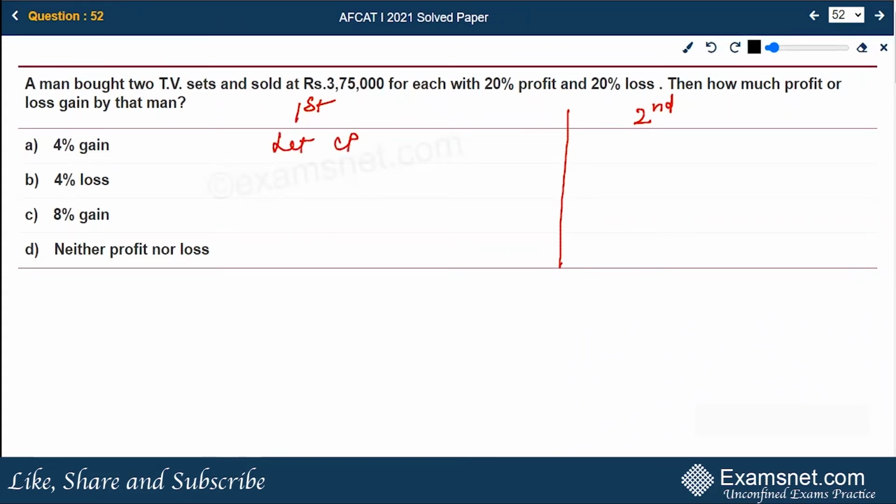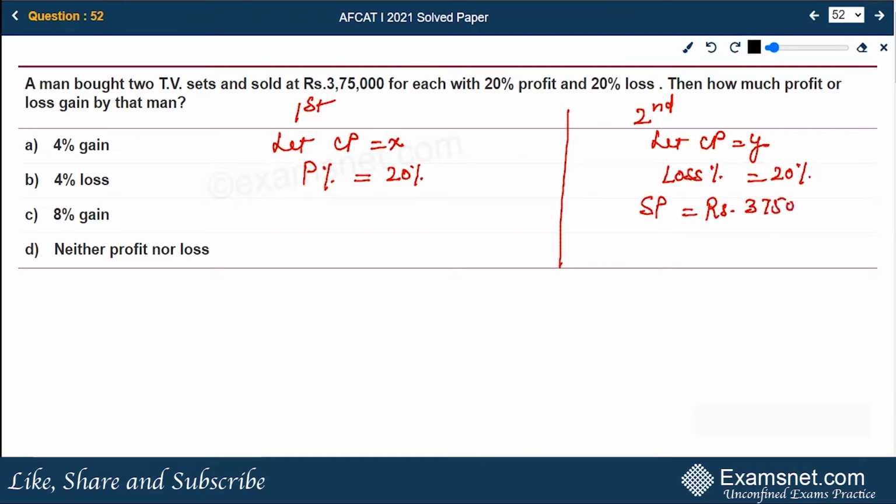Let the cost price be X, and for the second, let the cost price be Y. You are told that in the first he had a profit of 20% and in the second he had a loss of 20%. Selling price is the same for both, 3,75,000, and over here also the selling price is 3,75,000.